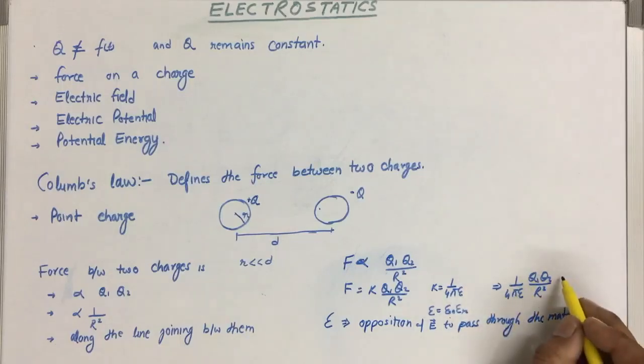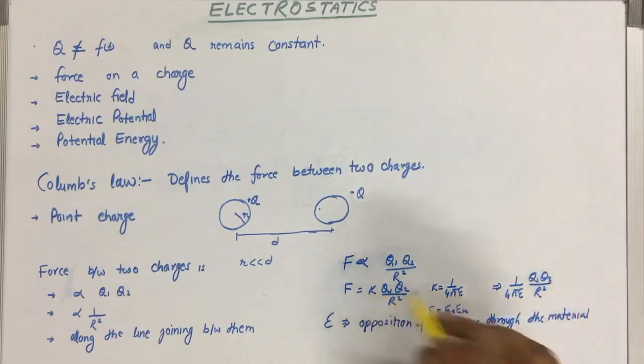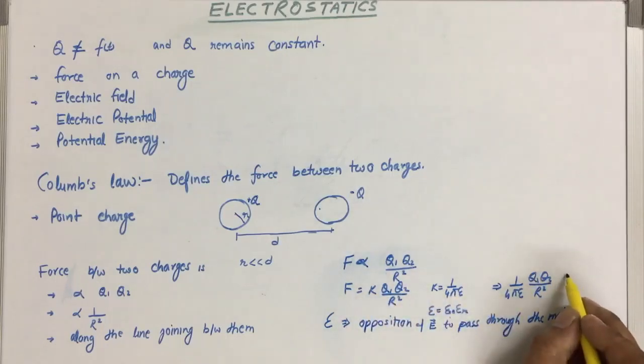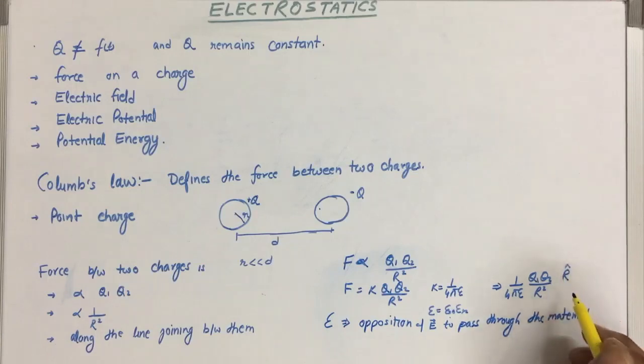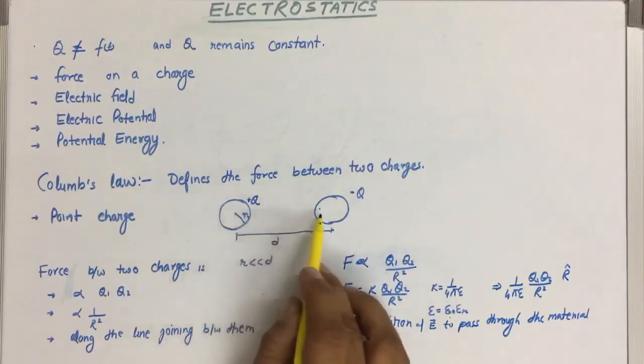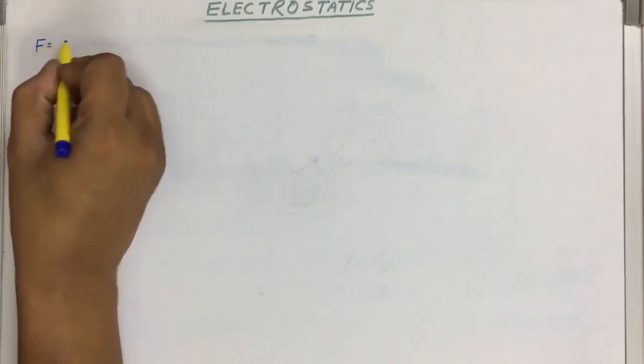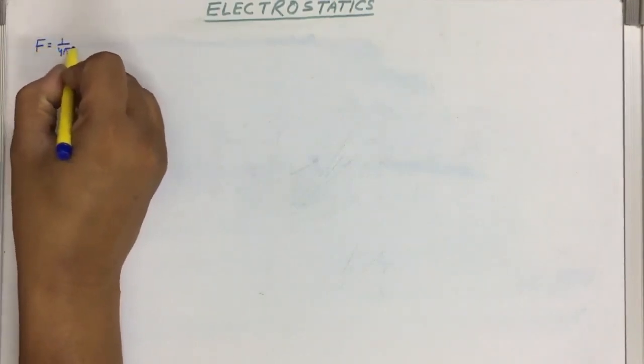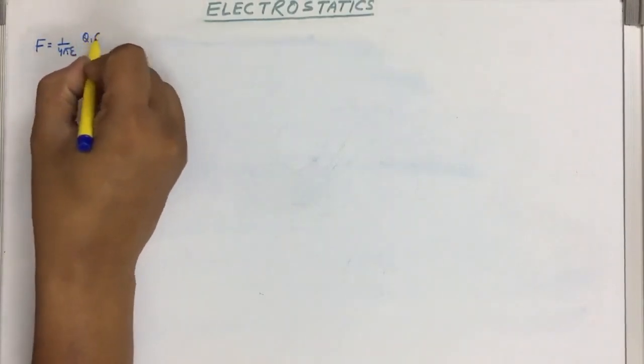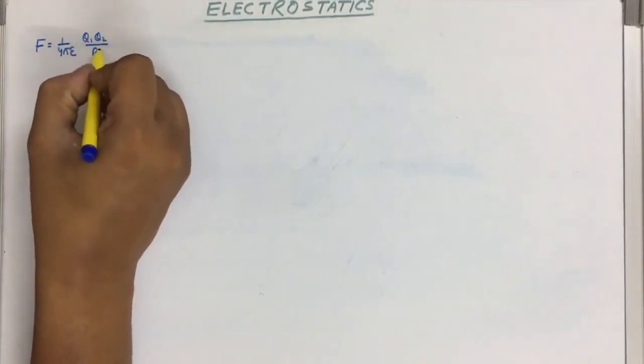For that purpose, it can be multiplied by a unit vector in the direction of the radius vector, meaning the line joining these two. The force that we find from Coulomb's law is 1 by 4 pi epsilon q1 q2 by r square.